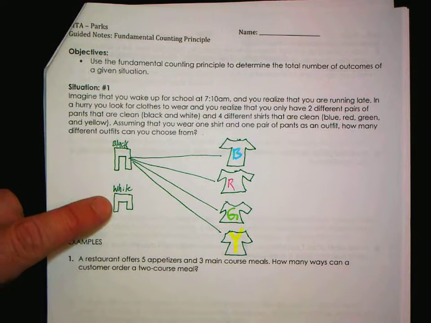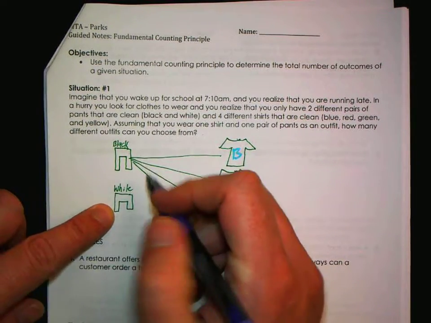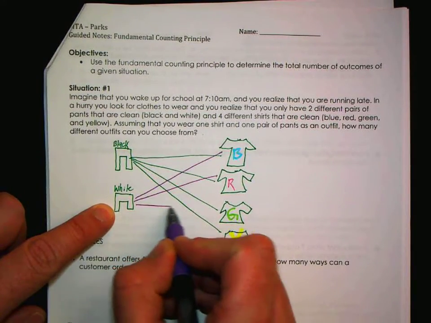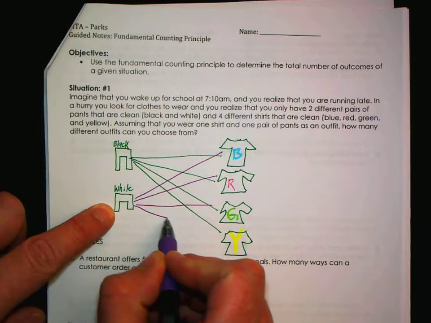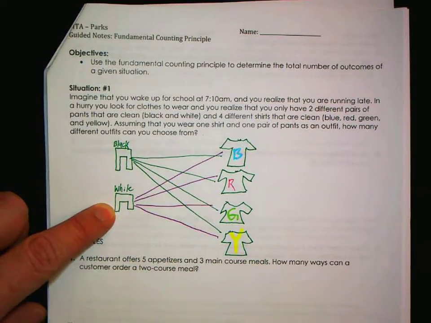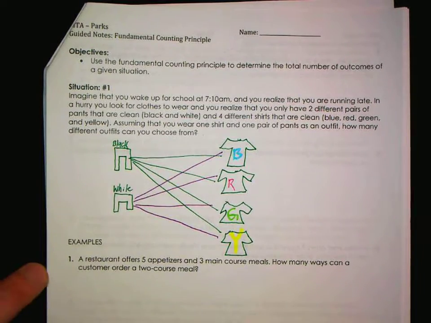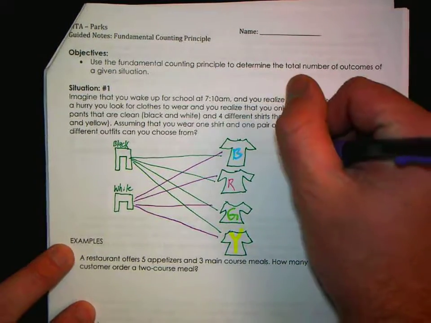And then what if you pick the white pants? Well, you could pair that with the blue shirt or the red shirt or the green shirt or the yellow shirt. So how many different outfits can you choose from?